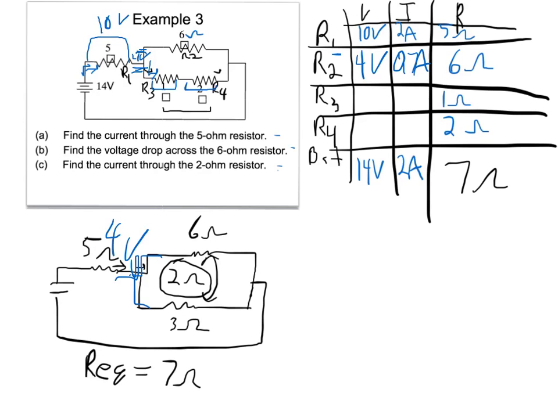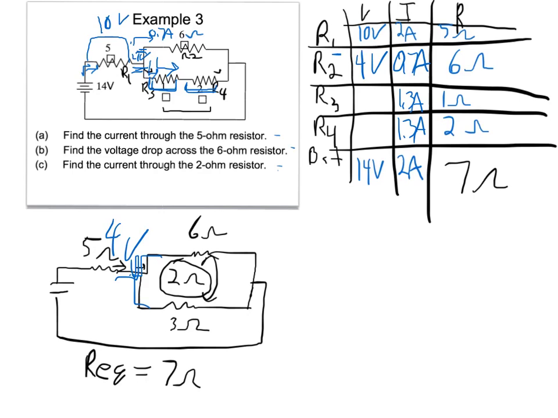Now think about this. The current splits here, and we now know that 0.7 amps go through the 6 ohm resistor. So the rest must go through the bottom part of this. And neither of these two can use up current, so they will both get the rest of that 2 amps of current. 1.3 amps, 1.3 amps.